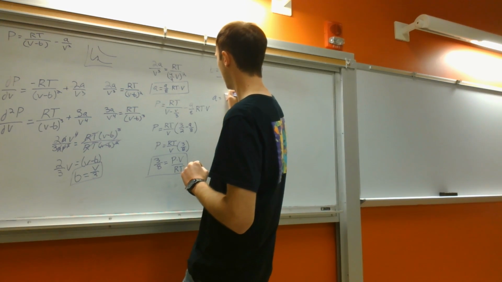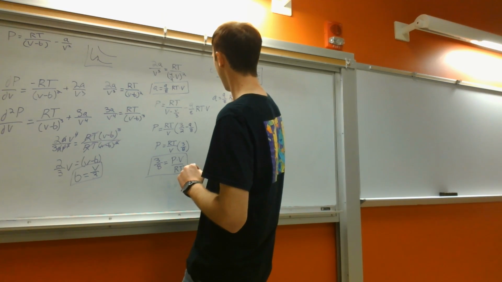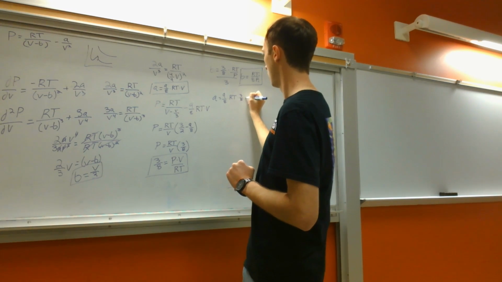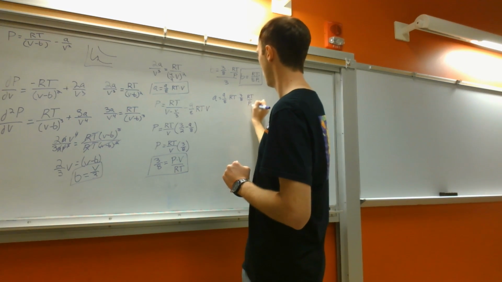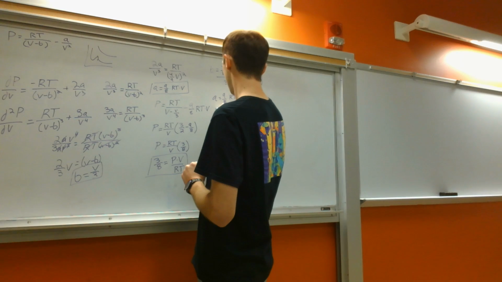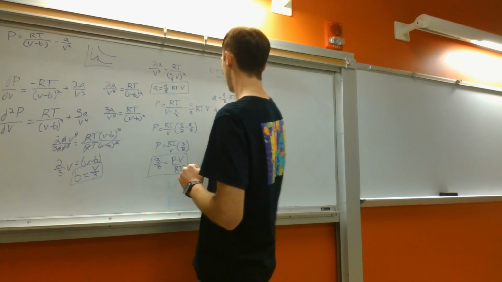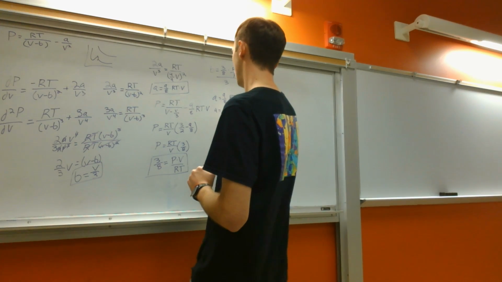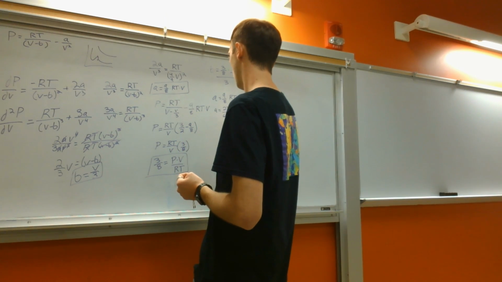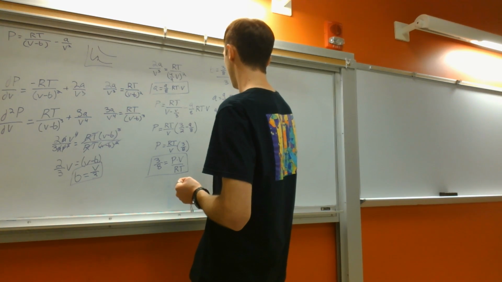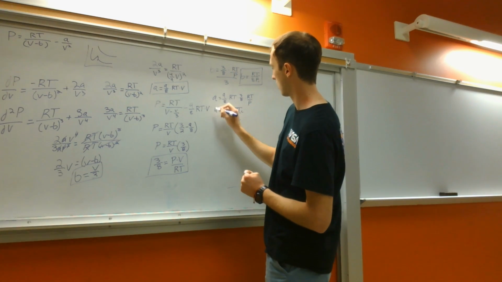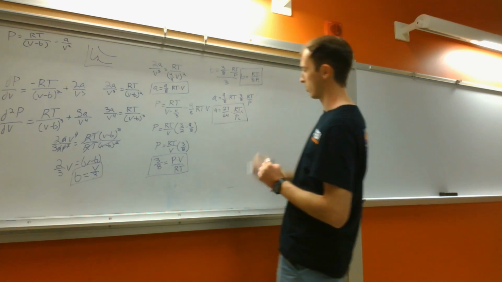We have A is equal to 9 over 8 times RT times 3/8 times RT over P. And that'll break down to A is equal to 27 over 64 times RT over P. And then once again, these are our critical temperature and critical pressure.